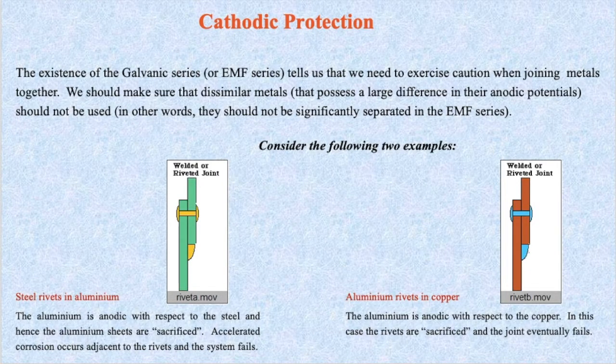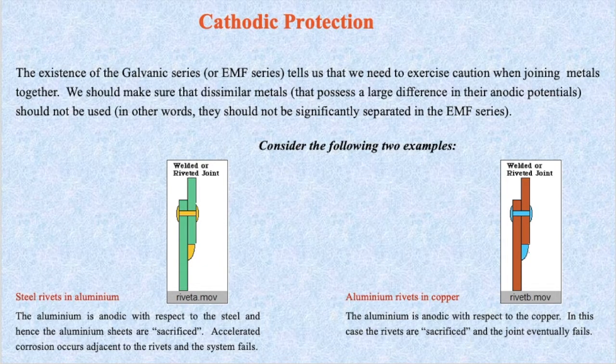Another example of cathodic protection will be in situations where you have to join metal with a metal, such as using rivets to join sheets of metal.